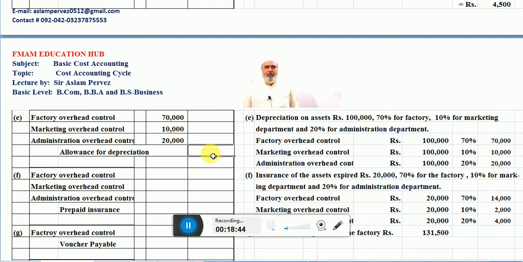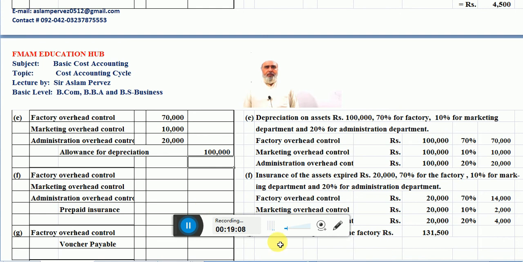Against the allowance for depreciation, 1 lakh rupees here. Students, this is the entry against the depreciation for all the business, like factory depreciation against the factory plant, marketing department depreciation and the administration depreciation here.